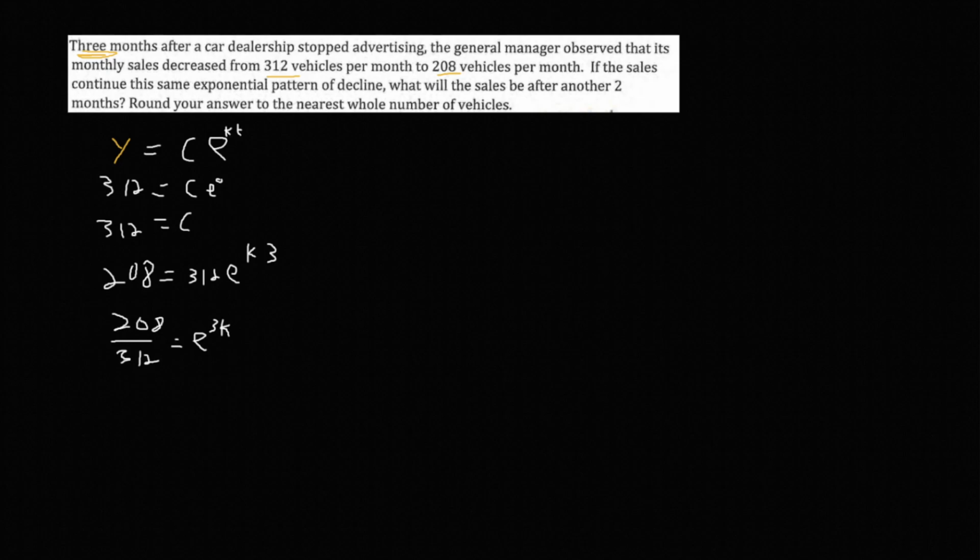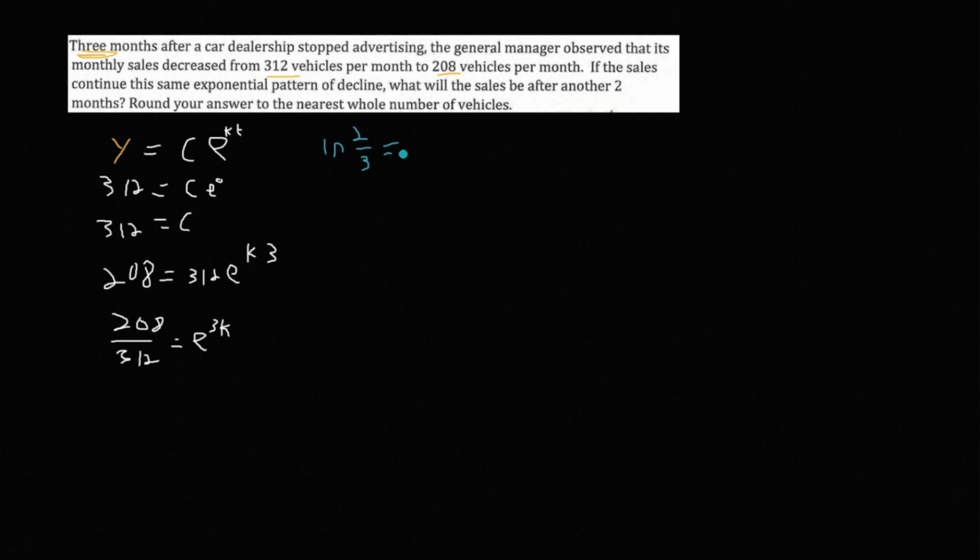We can take the natural log of both sides to get rid of our exponentials. So ln of, that's just 2/3, isn't it? 208 divided by 312. So ln 2/3 over, I'm not going to do that quite yet.